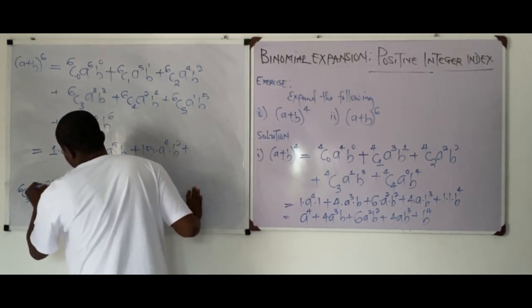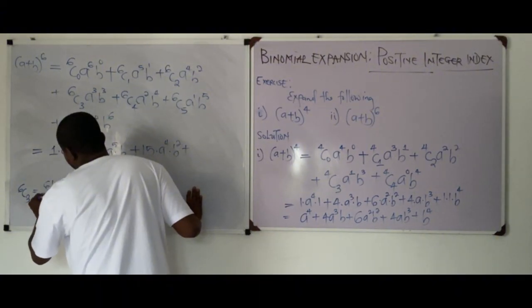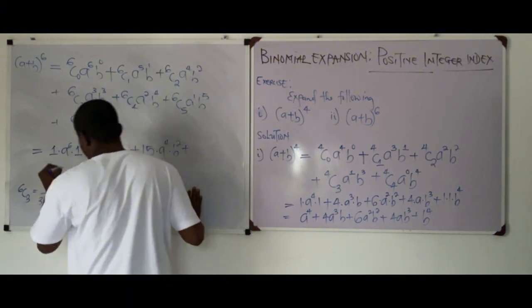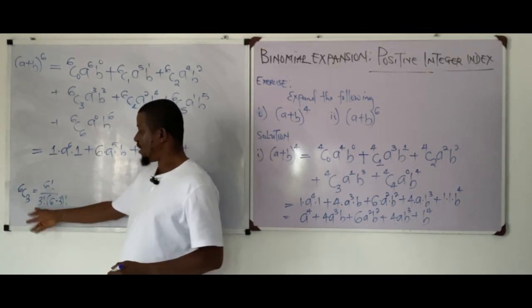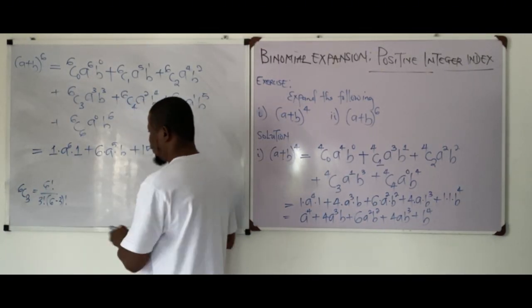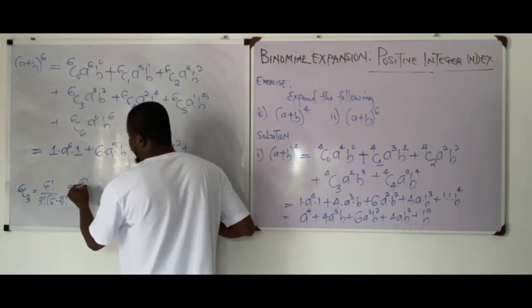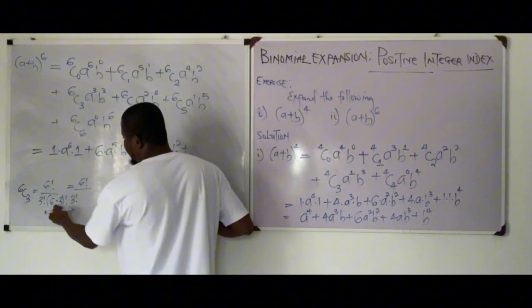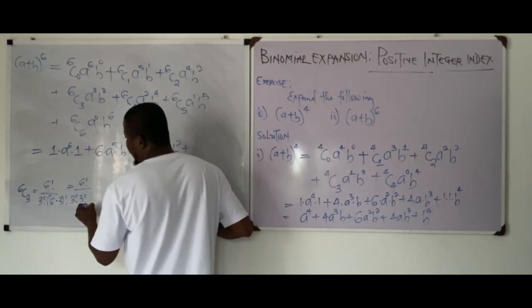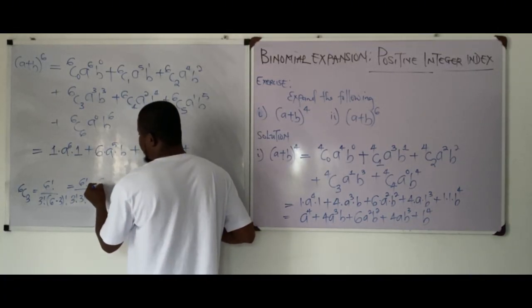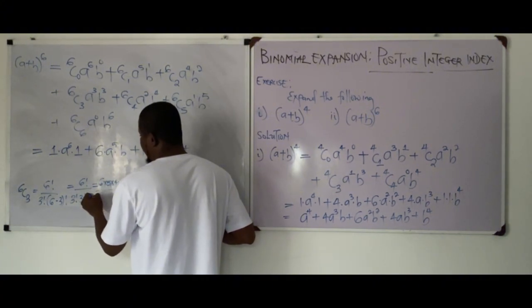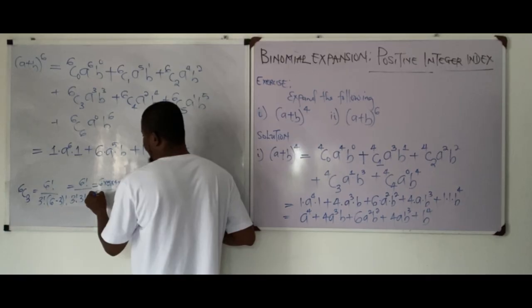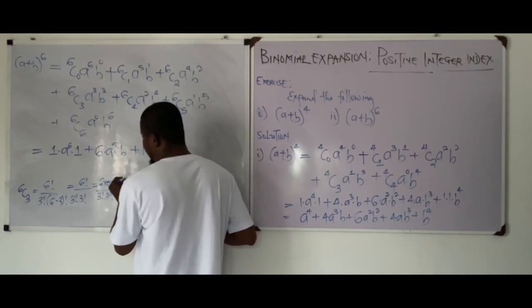So this is 6 factorial over 3 factorial times 6 minus 3 factorial, since n combination r is equal to n factorial all over r factorial times n minus r factorial. So this gives us 6 factorial over 3 factorial, and 6 minus 3 is 3 factorial. And this gives us 6 times 5 times 4 times 3 factorial all over 3 factorial, 3 factorial. This clears this.